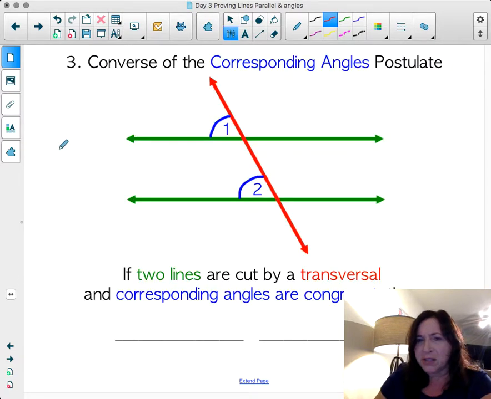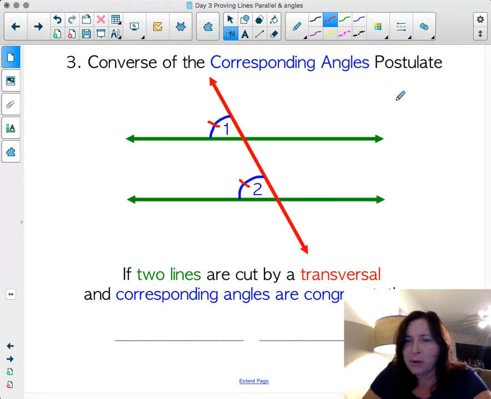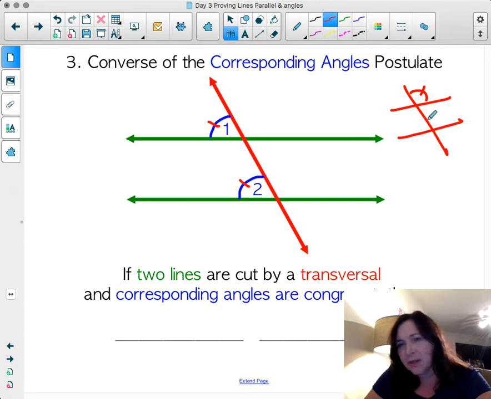Corresponding angle postulate. That basically says if I have two angles that are congruent, because you have to remember that angles can be corresponding. For example, I could have this angle up here and this angle down here, but they're not congruent. The only reason those corresponding angles would be congruent is if I knew that these lines were parallel.